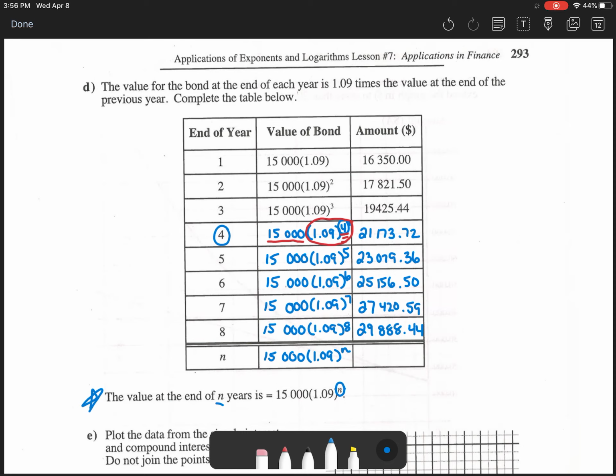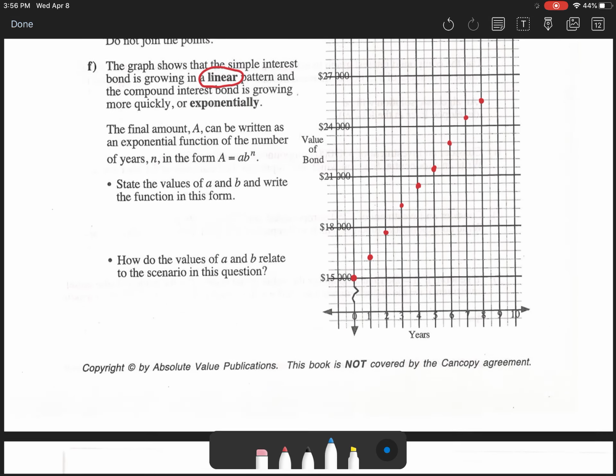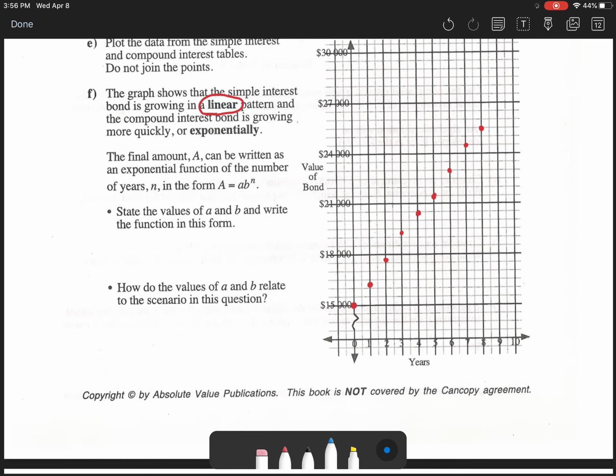Now, when I go and do the compound interest, those values I'm going to get from this table right here, where the value of the bond is going to be my x coordinate, and the amount will be my y coordinate. I'm just going to plot those points now, and you'll see the difference. Again, the shape should be an exponential graph, rising more quickly as we move to the right, or as the years progress. They will start at the same place because at time 0 they had 15,000.